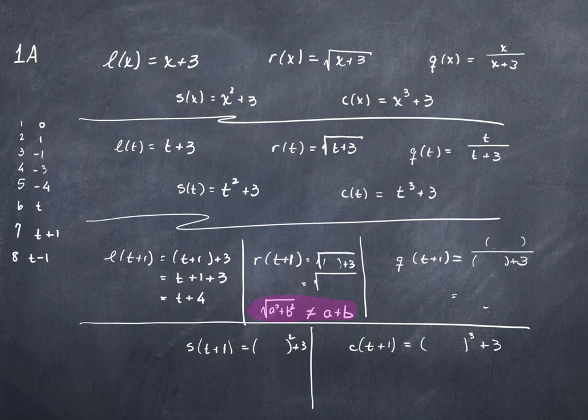I'm taking out all my t plus 1s, and I'm going to replace them with t minus 1. And what I'd like you to do, if you're watching this video, is to go in and figure out what you think the answers here should be.